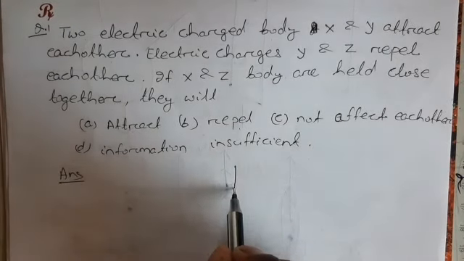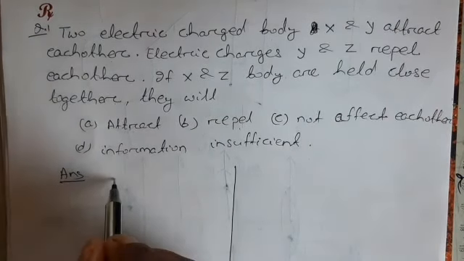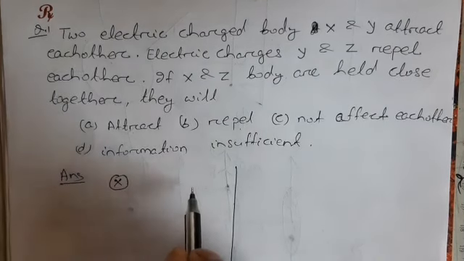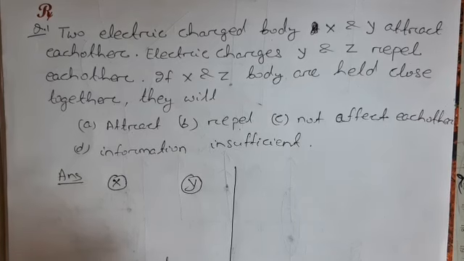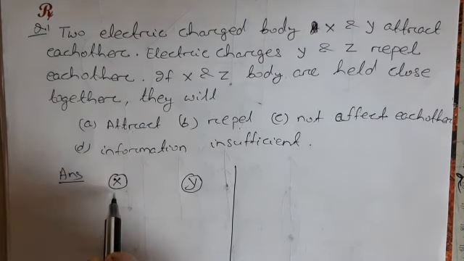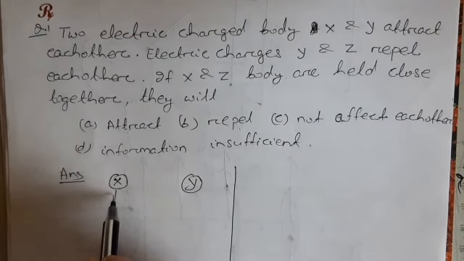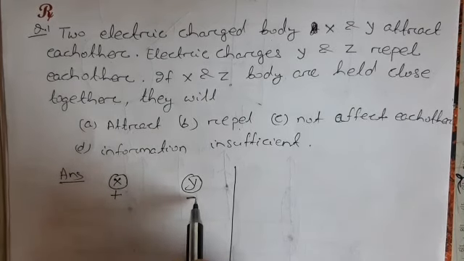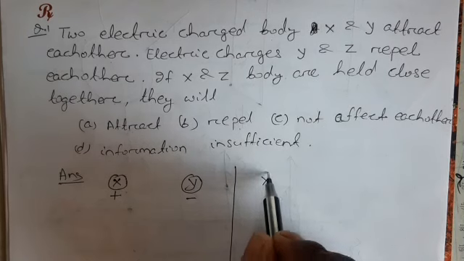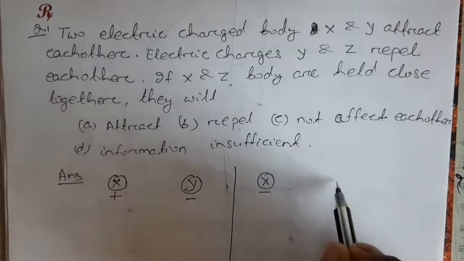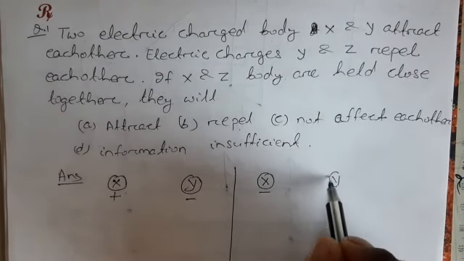So I will take two conditions, x body and y body. When they attract each other, I can say x is positive and y is negative, or x is negative and y is positive.